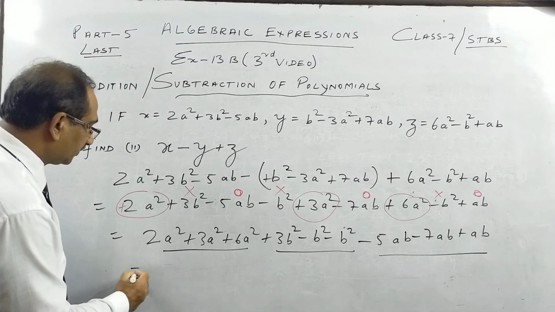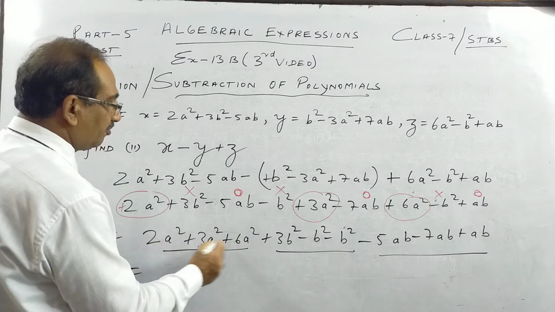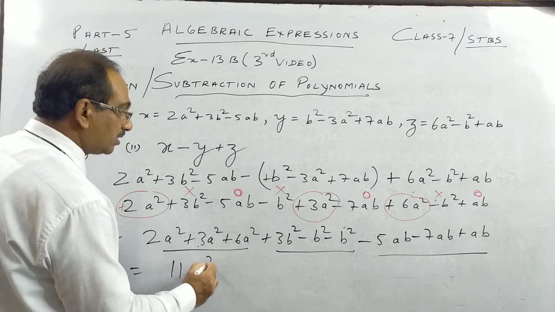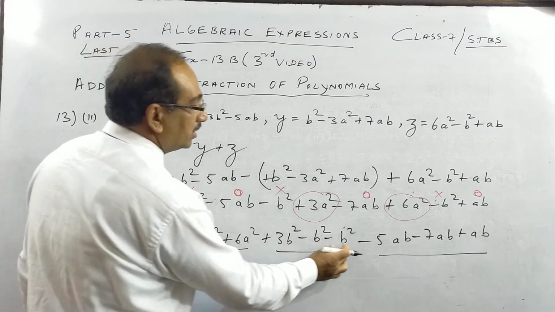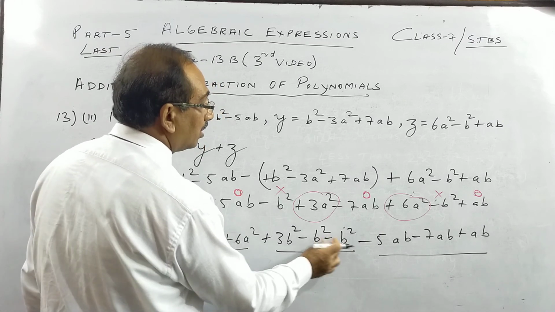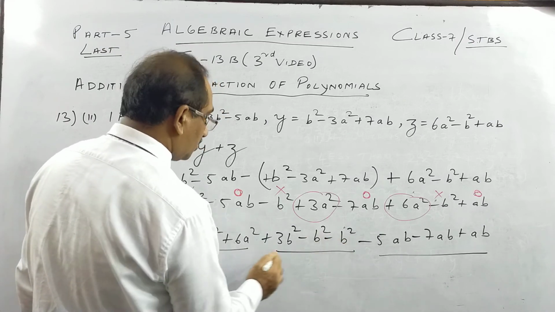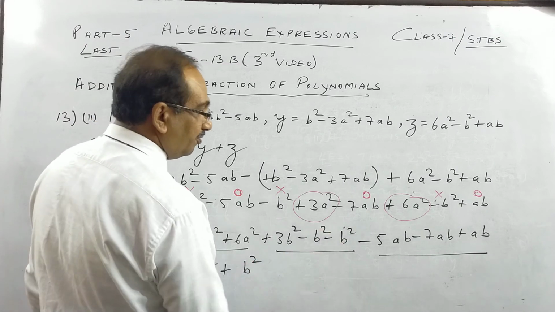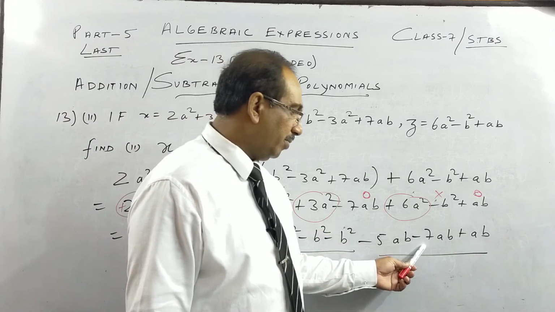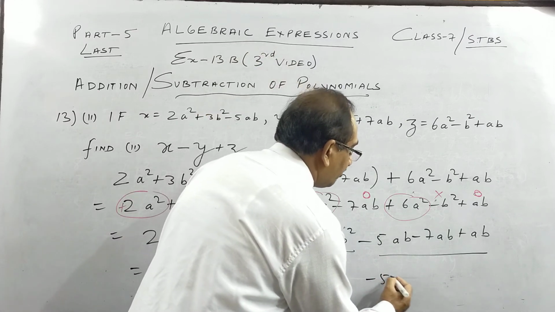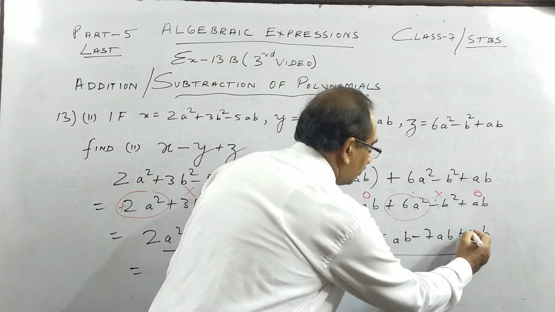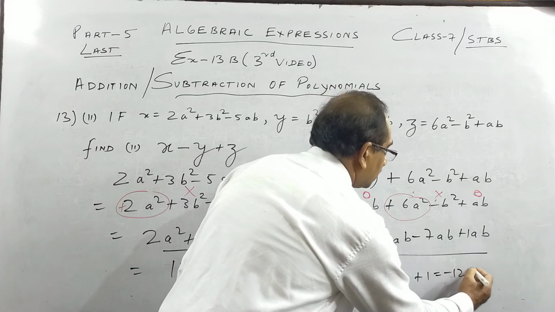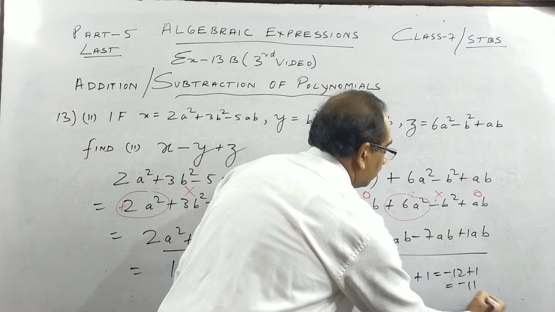Now see the final answer: 2 plus 3 is 5, plus 6 is 11 a square, 3b, and this will become minus 1 minus 1 minus 2. So 3 minus 2 is plus 1, and finally you see minus. If you want to do rough work, I'm showing you this is 1 over here. So this is minus 12 plus 1 is minus 11.